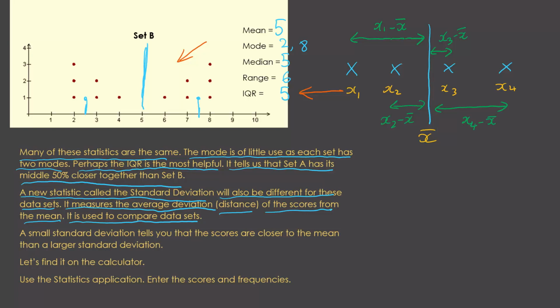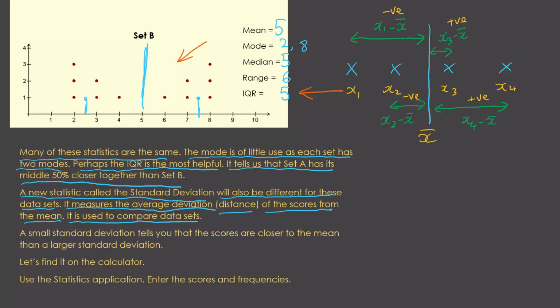If we want to work out the average distance, we could add up those values and divide by 4. Our problem is that the mean is exactly in the middle. And this would be negative, this would be negative, this will be positive, and this will be positive. These ones will be negative because x1 is less than x bar, and these will be positive because x4 is more than x bar.